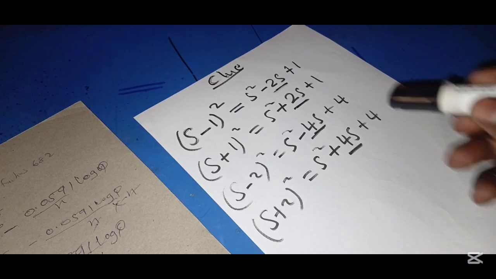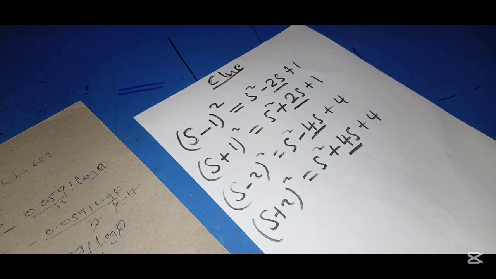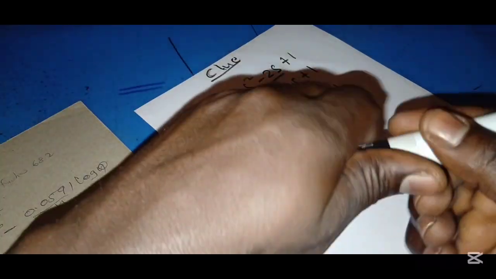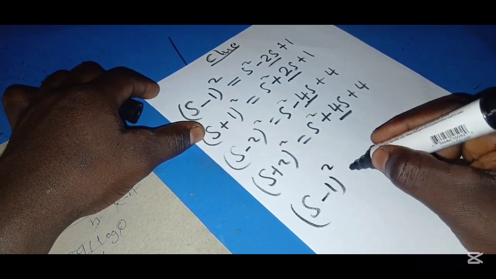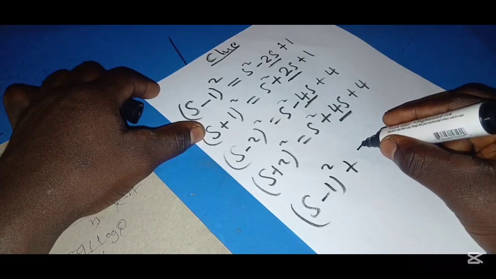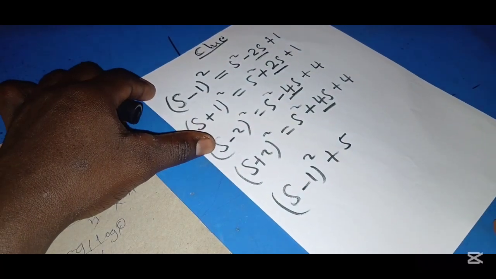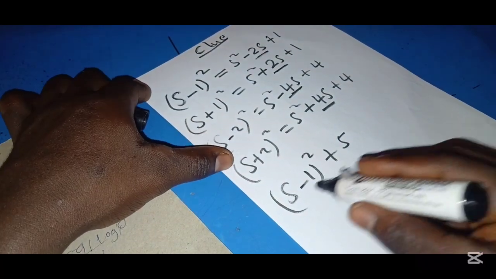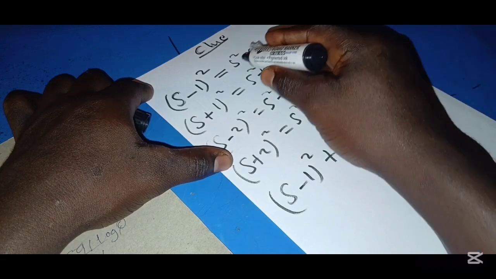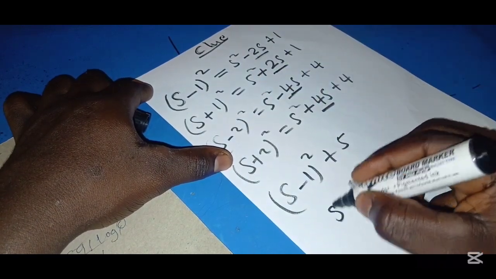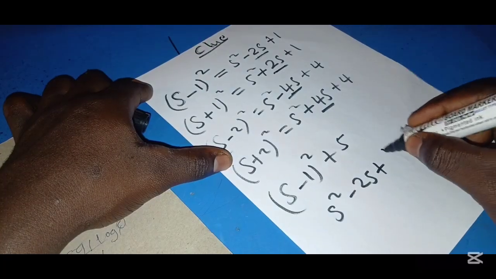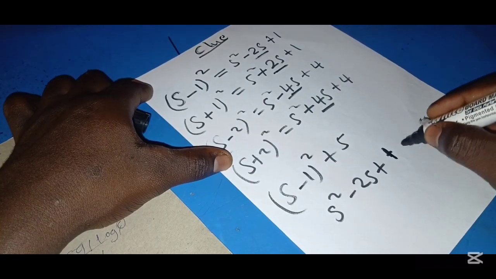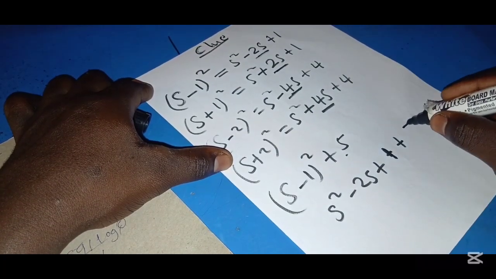Before we deal with converting this backwards, assuming this one here was s minus 1 squared plus 5, right? So let's expand this. Expanding this one gives us, let's write it straightforward, s squared minus 2s plus 1 plus our 5 here, right?